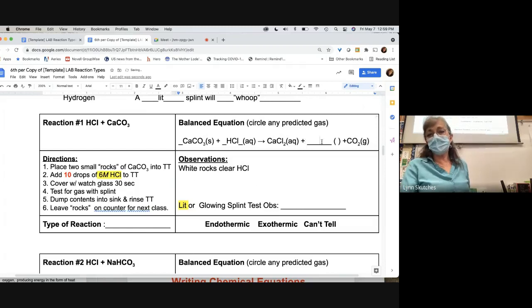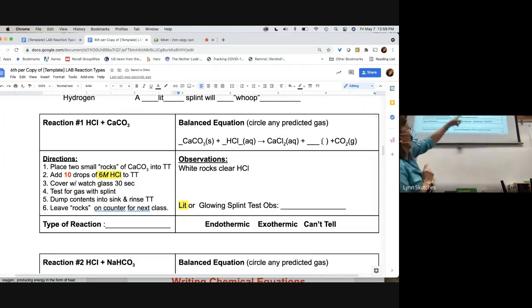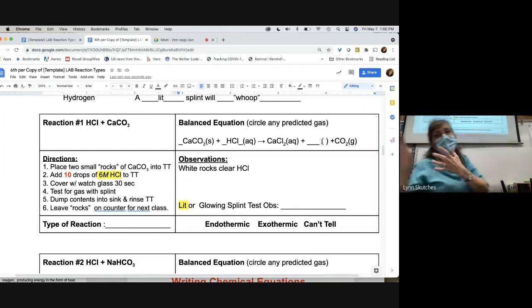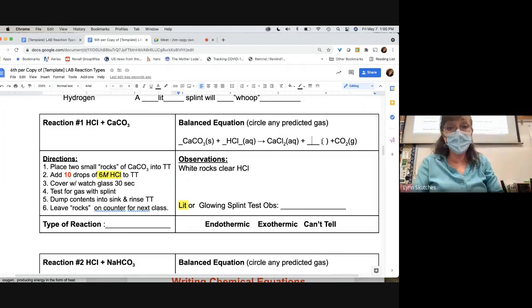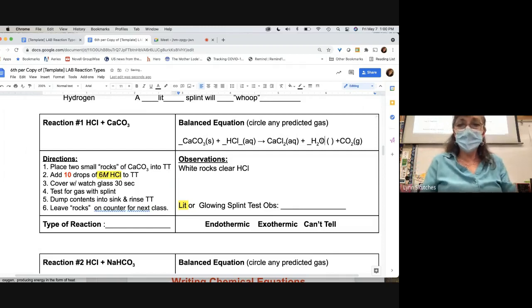You look at the carbonate, there's an oxygen that's not used in carbon dioxide. That's going to go with the hydrogen. So this is a type of double displacement with the extra bonus of a generated gas. So we're going to make water as well in this reaction. And that water, of course, is going to be a liquid because it's at room temperature.